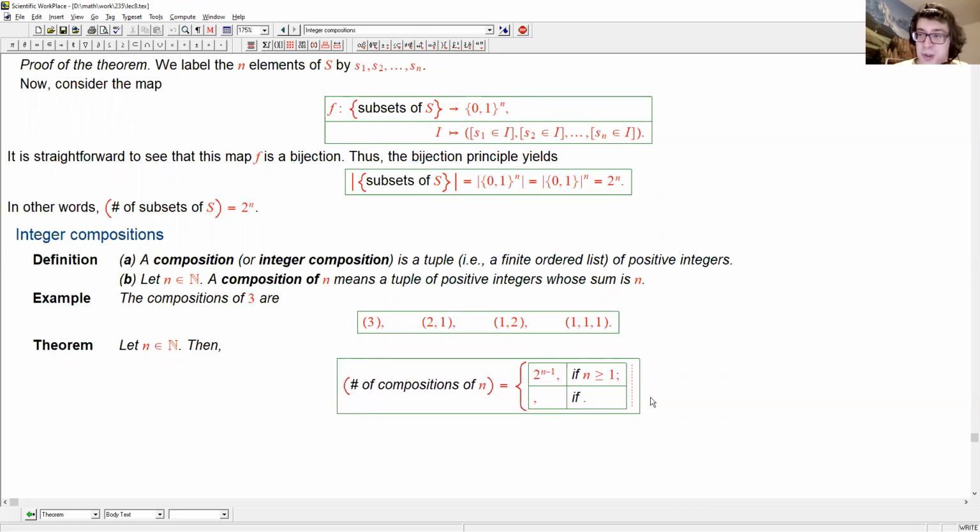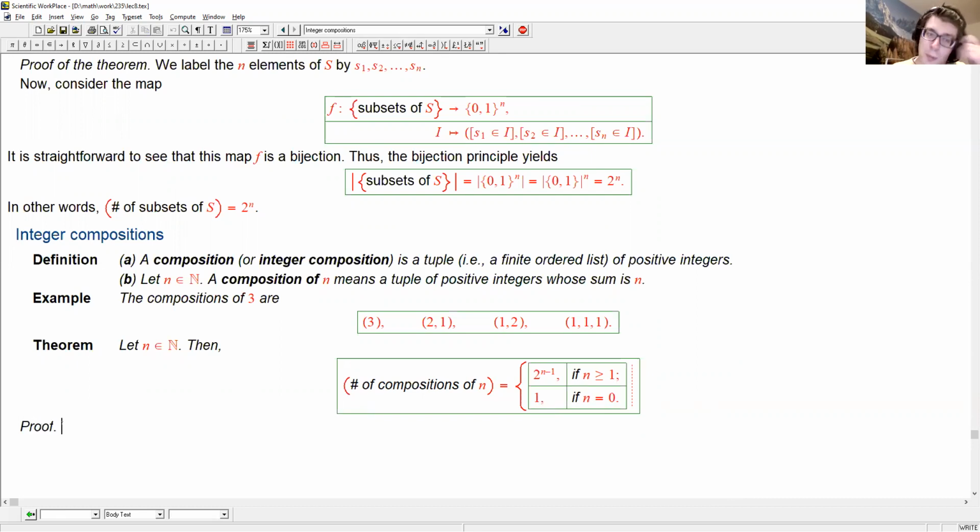In the usual case, when n is at least 1, the number is 2 to the n minus 1. For n equals 0, this would give you 1/2, which is not something you would expect to get in a combinatorial formula. A number of objects should be an integer. So this is not true for n equals 0. For n equals 0, you have 1.